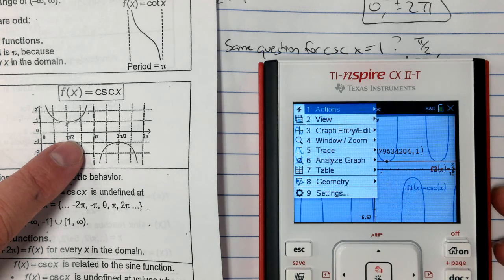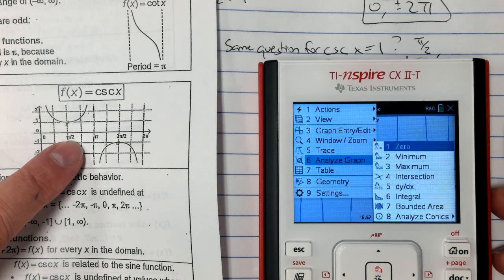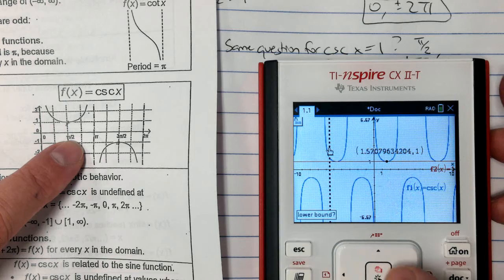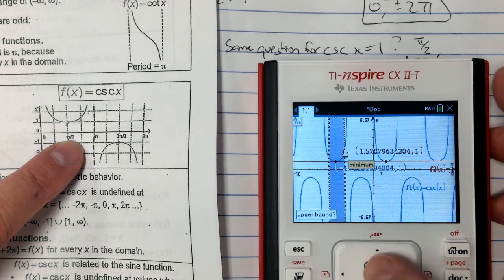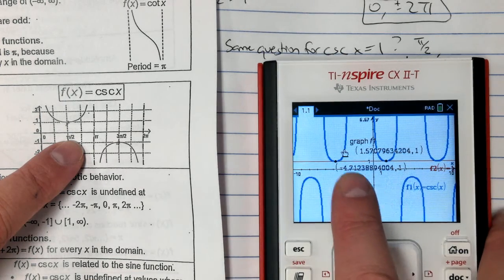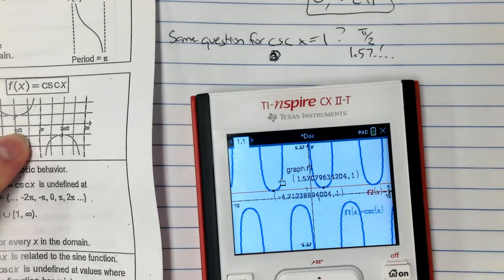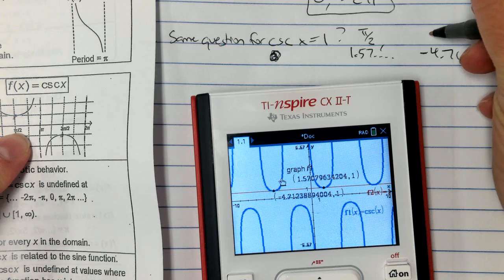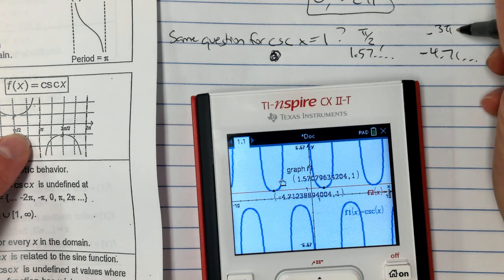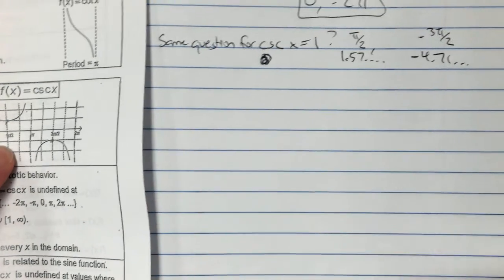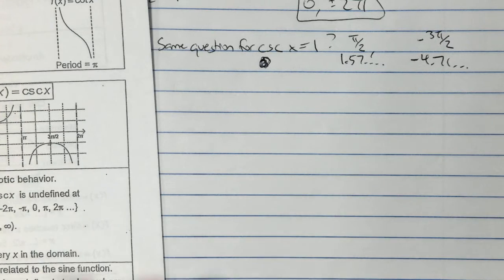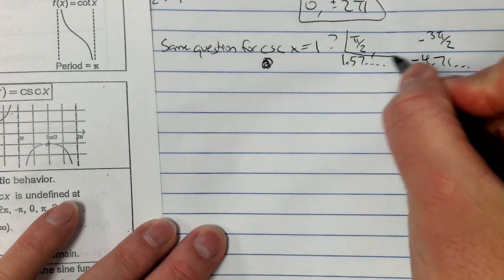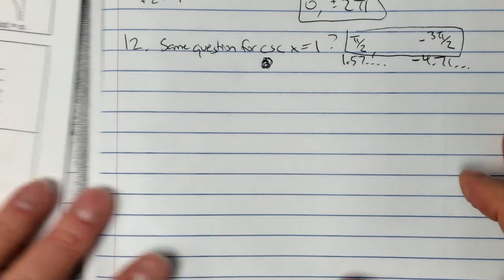So let's go to minimum. Again, for this graph, between here and here. This one's negative 4.71 something. So that's negative 3 pi halves. So those are going to be your two answers: pi halves and negative 3 pi halves.